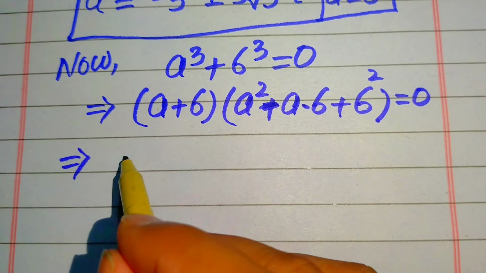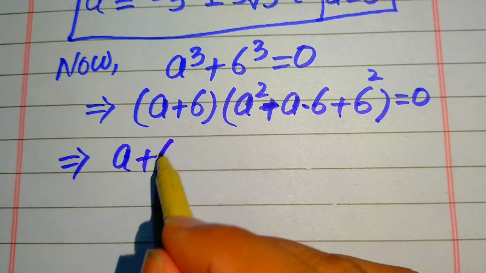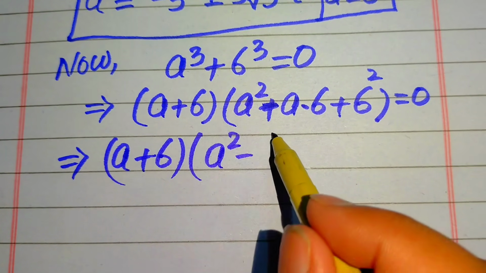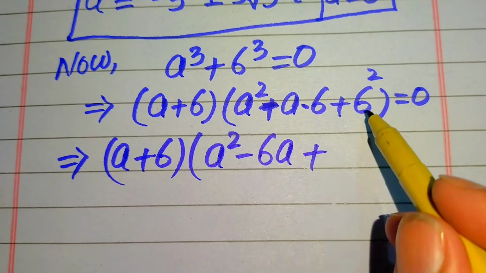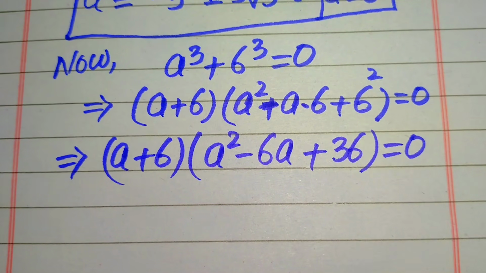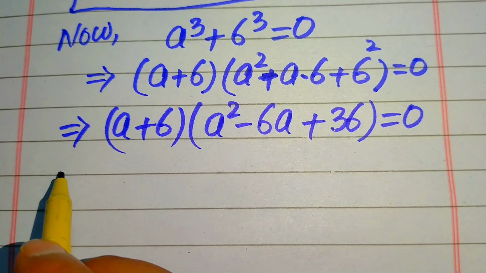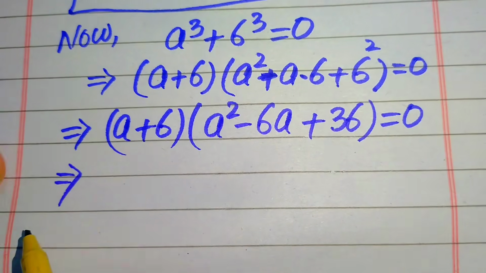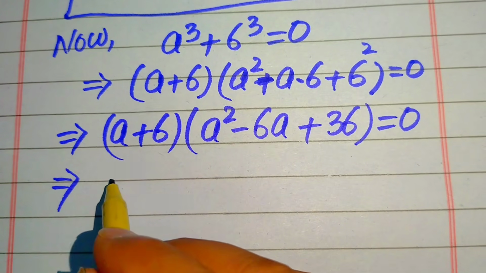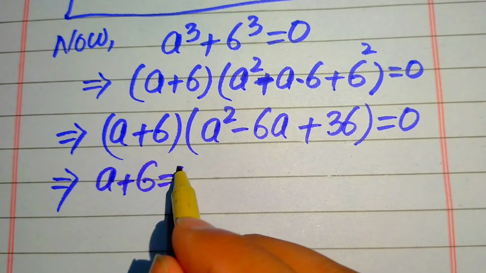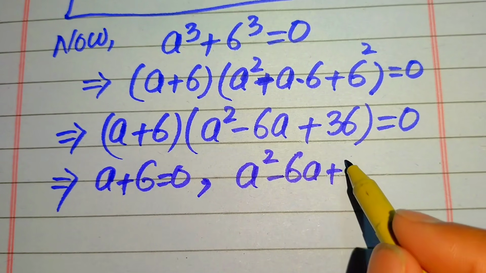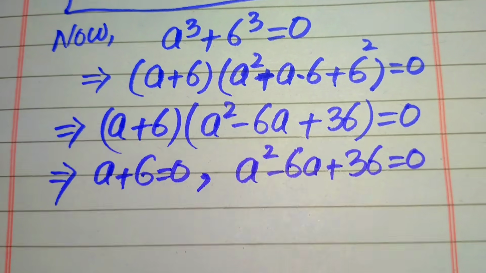And now in the next step we need more simplifications, and it will be written as a plus 6 times a square minus 6 times a plus, this 6 square becomes 36, and this whole equation equals 0. And now in the next step we divide this equation into two cases. The first case is, we write a plus 6 equals 0, and the second case is, we write a square minus 6a plus 36 equals 0.